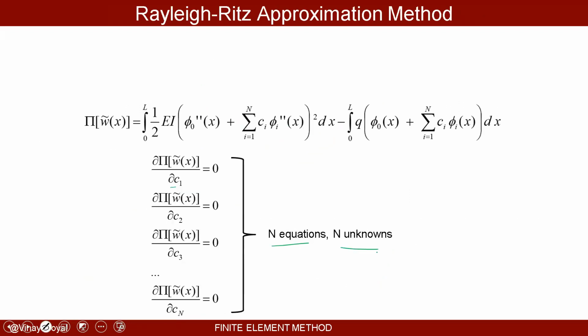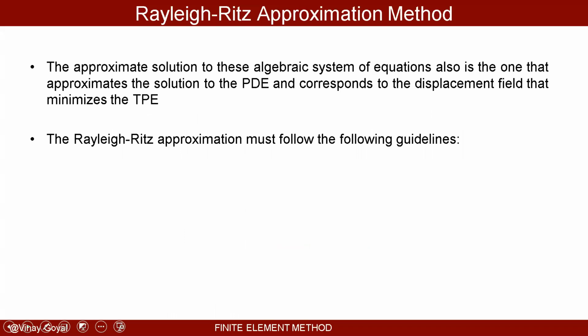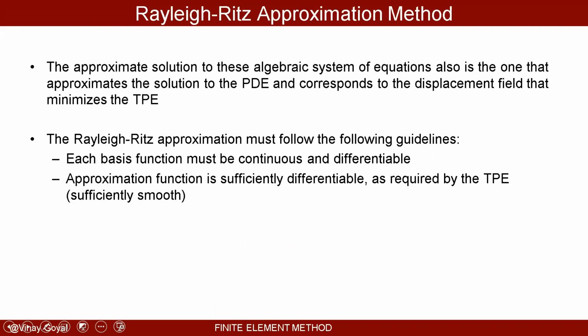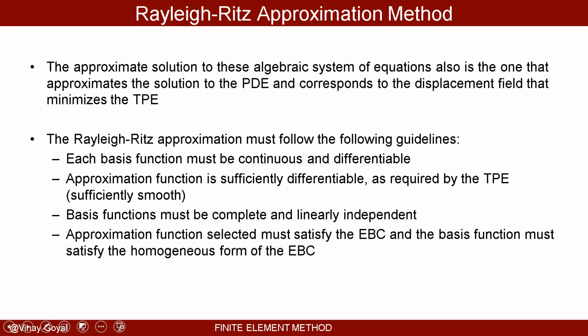And I have n equations and n unknowns that allow me to find the c's, and therefore I have a way of approximating a solution now. In my book, I have several examples, but I'll be covering different examples from my book because I think that gives you even more room to play in terms of knowledge. The approximate solution to this algebraic system of equations also is the one that approximates the solution to the PDE and corresponds to the deflection field that minimizes the total potential energy.